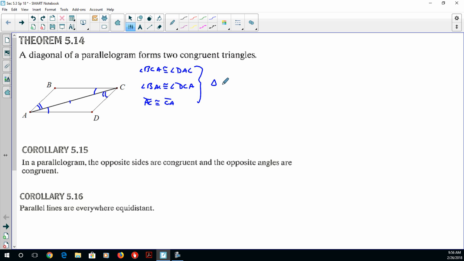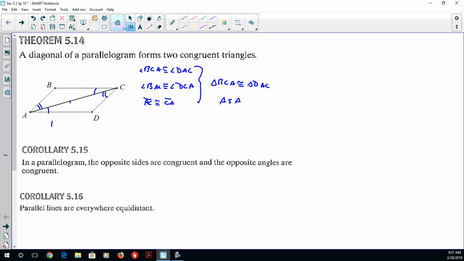Triangle DCA is congruent to triangle DAC by angle, side, angle. Okay, and there's nothing special about the diagonal I chose here. If you chose the other diagonal, then you'd get the two triangles that were congruent, BAD and CBD, for the very same reasons.